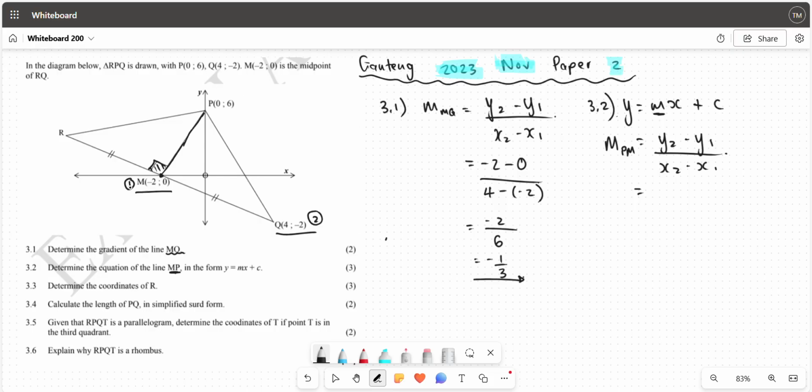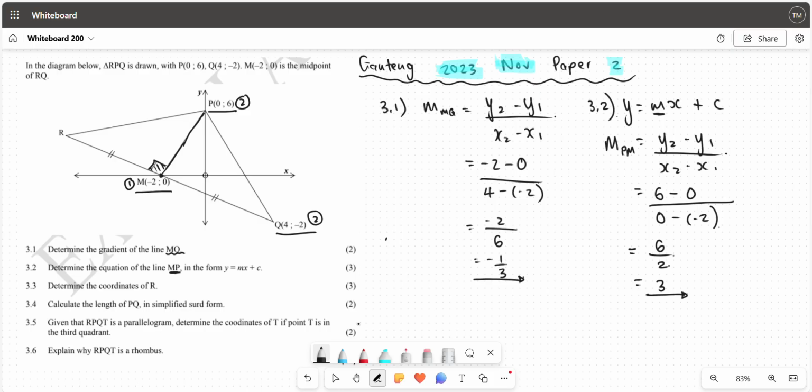So I'm going to call the M number 1, I'm going to call this number 2. So if I substitute, the y of 2 is the 6, that is subtracting a 0, divided by the 0 that is subtracting a minus 2. So that's how it looks. I end up with a 6 over a positive 2, and this is just easily a 3.